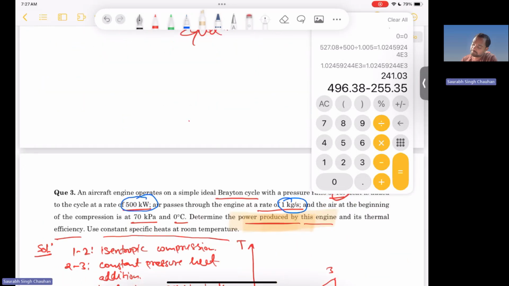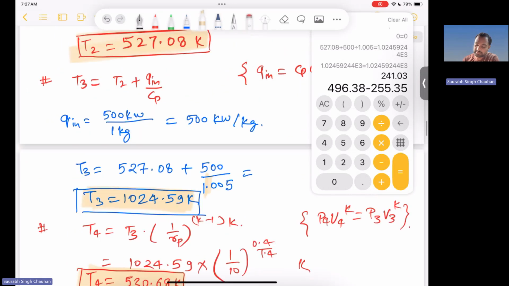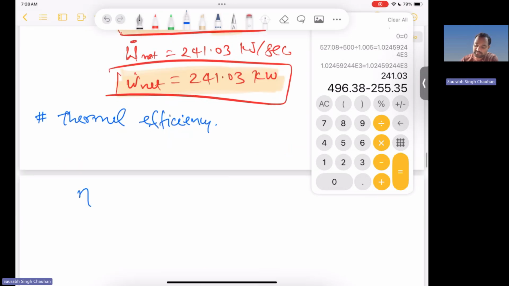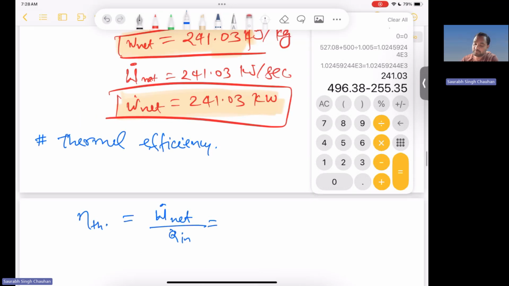What else? It's thermal efficiency. We also need to calculate the thermal efficiency. So thermal efficiency is defined as net work output divided by heat input. How much is the net work output?